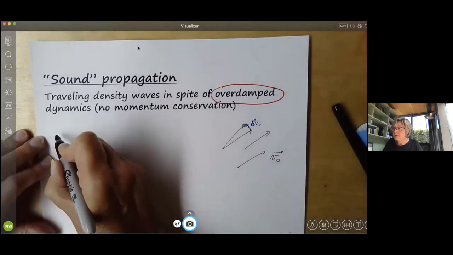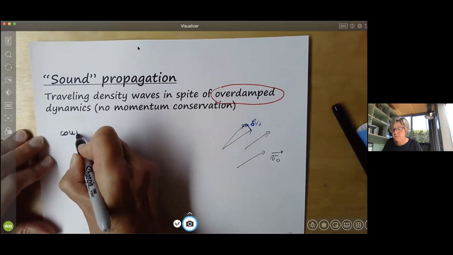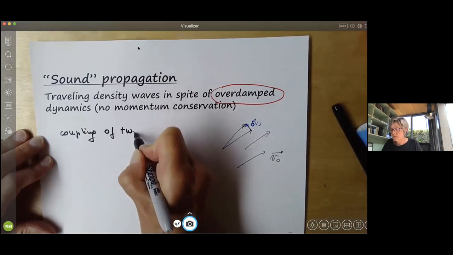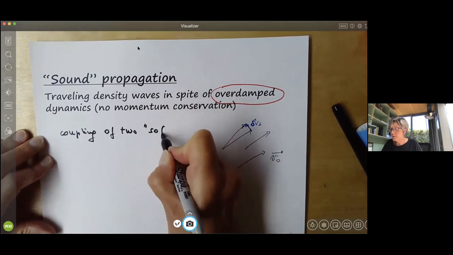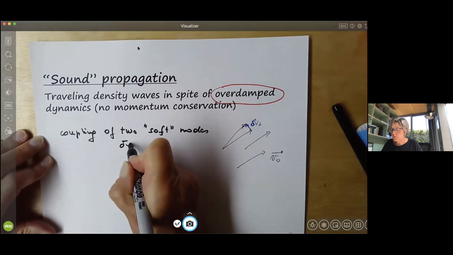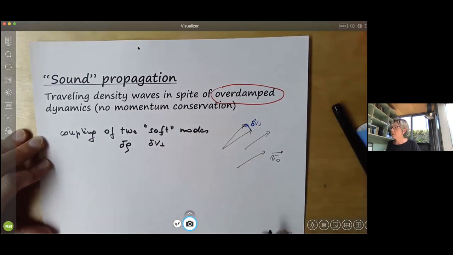So sound waves arise from the coupling, or the retardation in the coupling, of two soft modes, just like in fluids, which are density fluctuation and the Goldstone mode fluctuation associated with the transverse velocity.